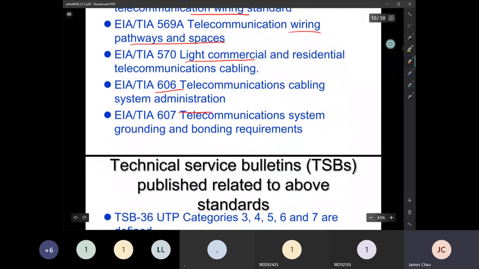And 607 is the telecommunication system grounding and bonding. That means how you can make the connection between the wires and the device. Therefore, when you work with that kind of project, you may refer to the standard, strictly follow it, and make the system connected.